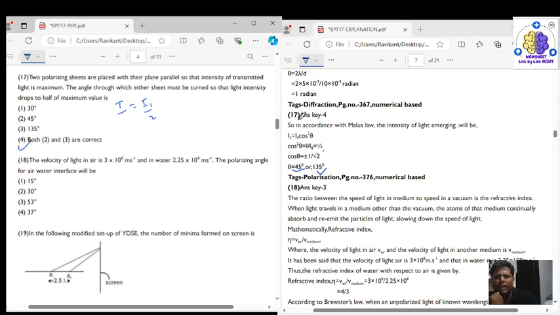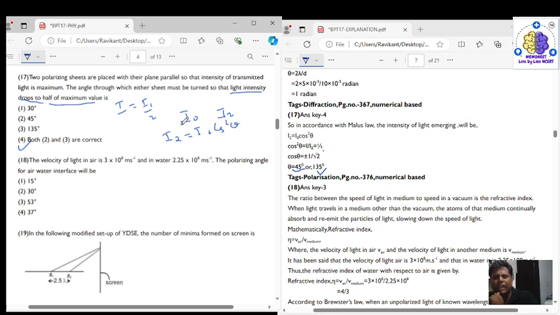Directly using Malus' law, that is I2 equals I naught into cos square theta, because they are asking what the angle should be so that the light intensity drops to half of the maximum intensity. Maximum intensity is I naught, which is the initial intensity, and the output is I2.